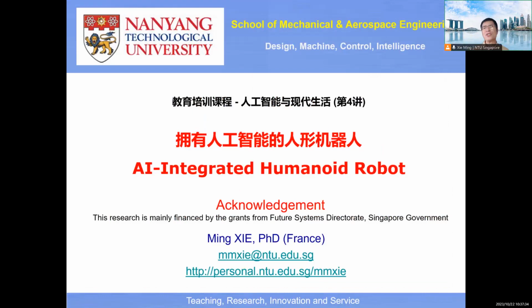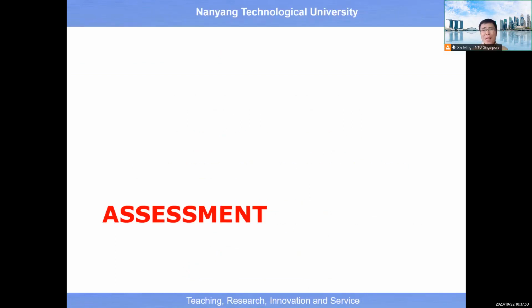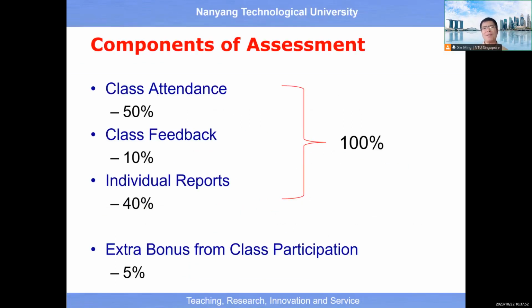Okay. So then for lecture 4, we will study another specific AI system or AI product, which is a humanoid robot. Okay. So then for the assessment of this course, this slide highlights to you the components inside the assessment, and also class participation will give you an extra bonus in the assessment, right?